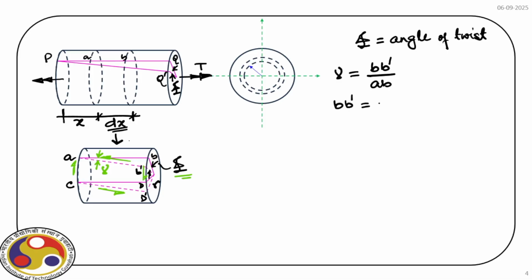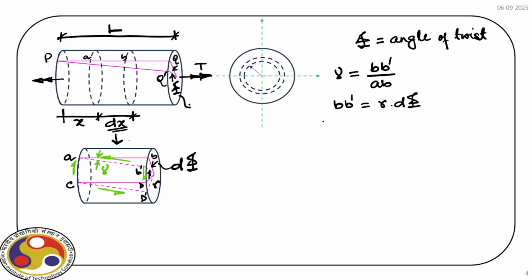This is nothing but r times d phi, because at the extreme end, over a length of L, we have total rotation phi, and here we have d phi.